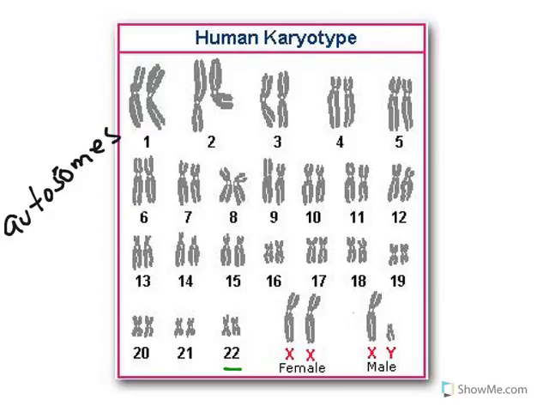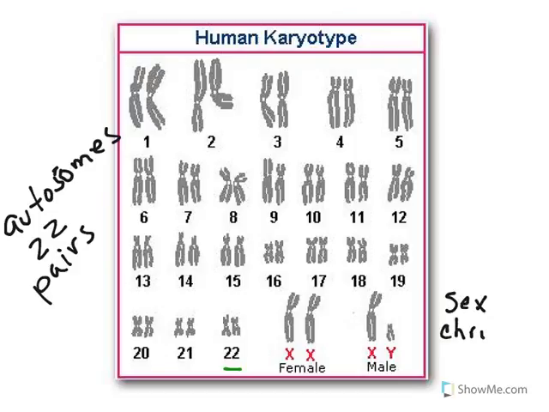And as you can see, each pair of chromosomes has its own size and shape. These are each called homologous chromosomes. There are 22 pairs of autosomes and then one pair of sex chromosomes.